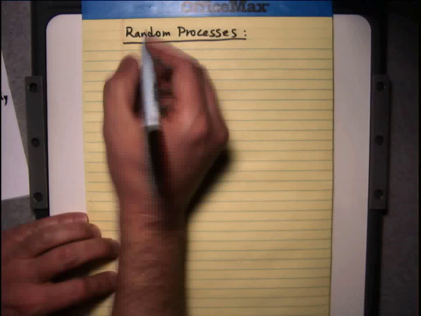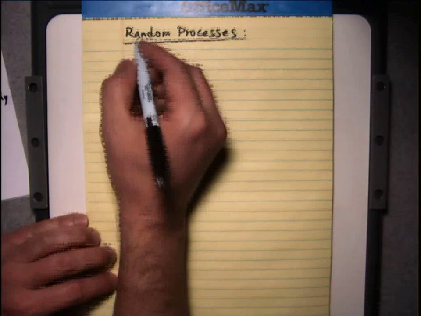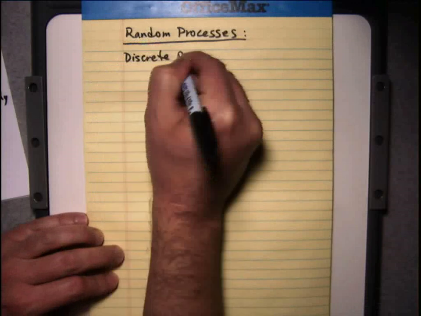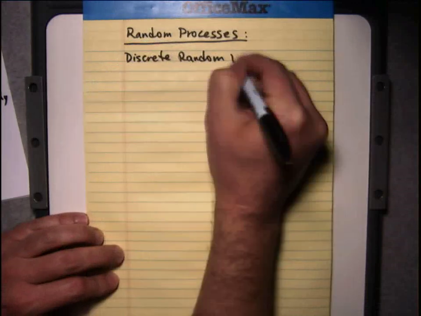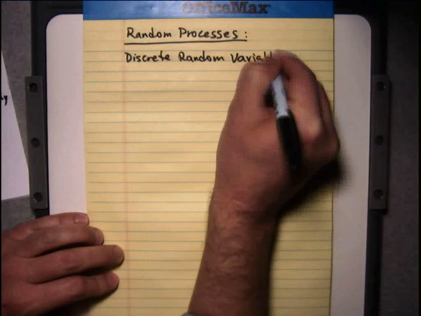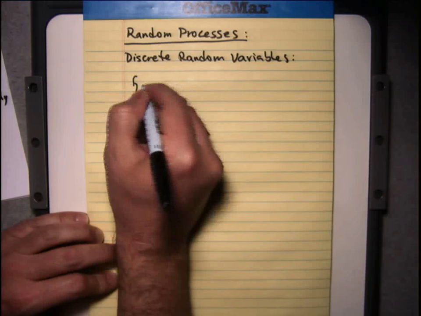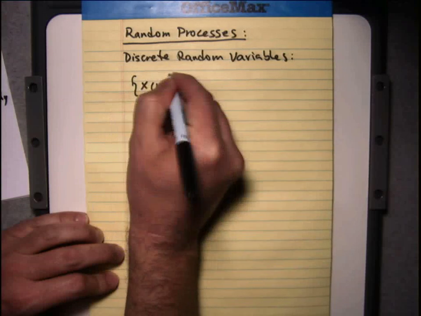Okay, a random process is nothing but a sequence, possibly infinite sequence, of random variables that are somehow related to each other in one way or another. Okay, what we are going to be interested in this class are mostly discrete random variables. Okay, so what we have is a sequence of numbers indexed by the integers n.